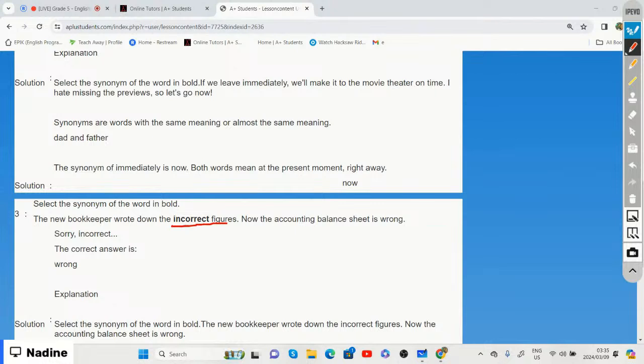So incorrect, right? If somebody made an incorrect figure or an error, then it says the accounting balance sheet is wrong. So incorrect means it is not correct, and this is wrong.